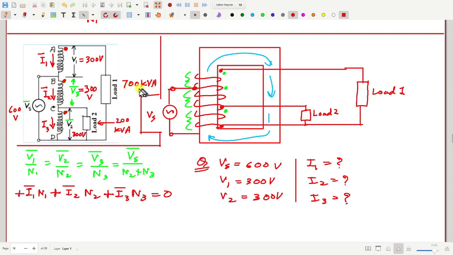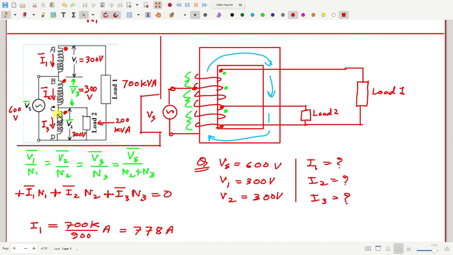Load 1 consumes 700 kVA, so the magnitude of I1 should be equal to 700 K by total voltage, which is 900 volt. So this comes out to be 778 ampere. Similarly, how much should be I2?